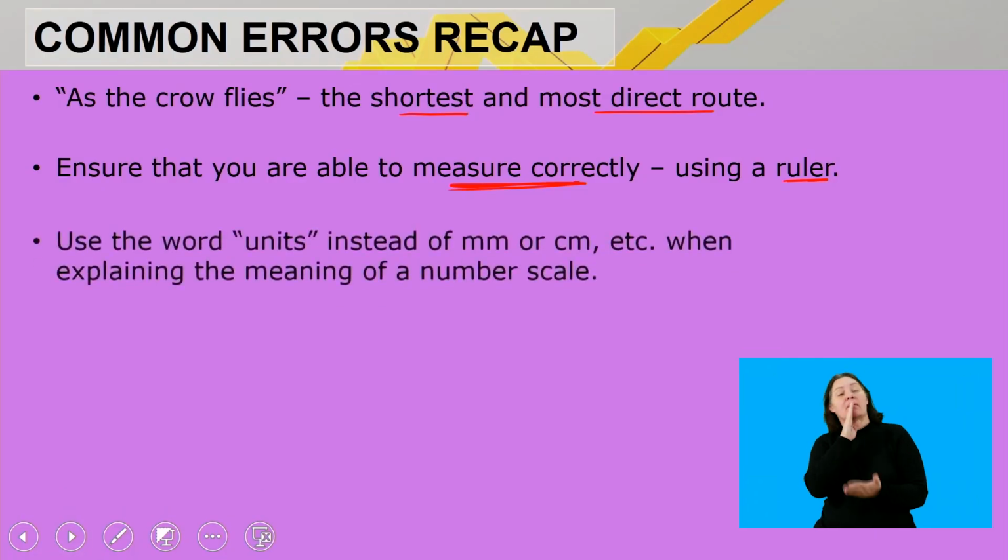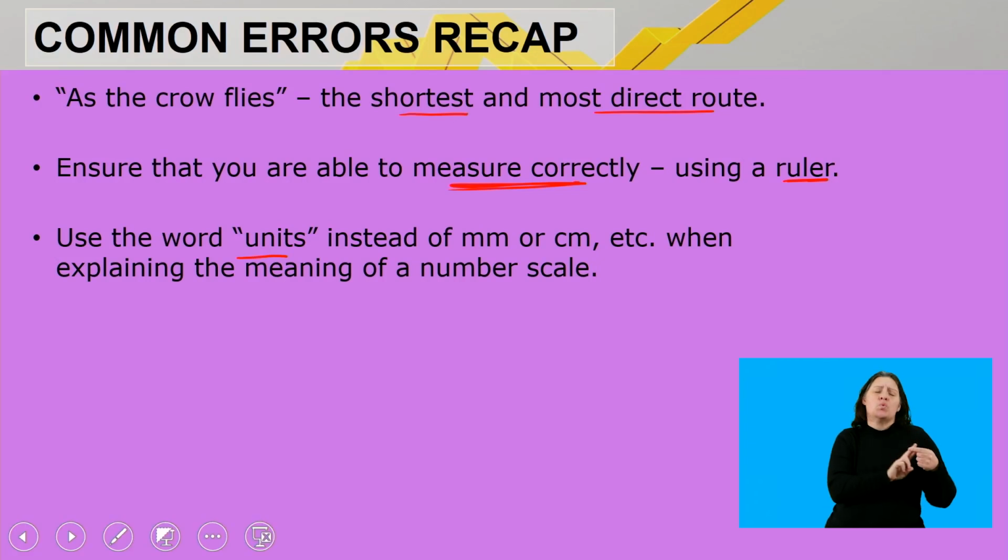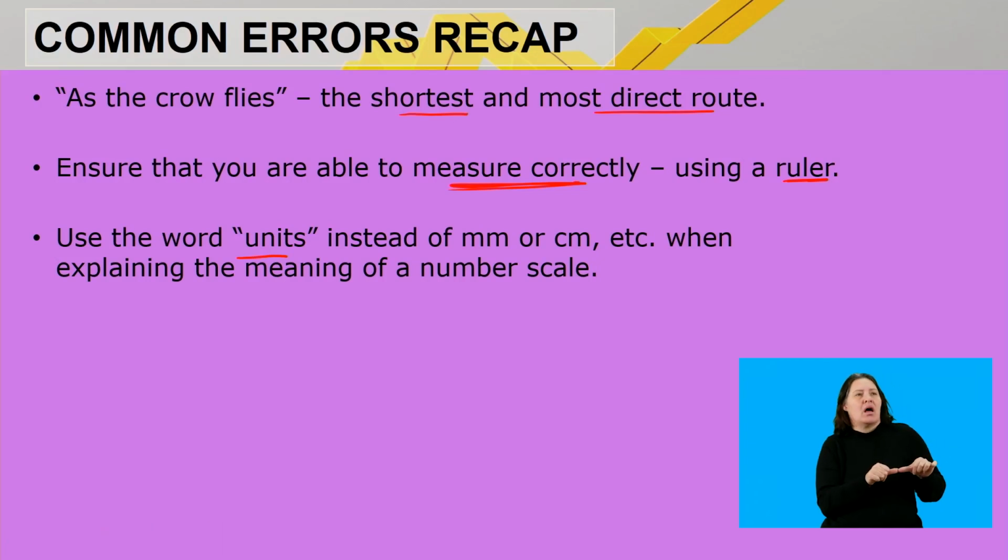Then ensure that you use the word units instead of millimeters or centimeters, etc., when explaining the meaning of a number scale. I've seen in one case where learners measured, for example, on a map, and the answer was something like 100 kilometers. I mean, that's unrealistic. We agree? You can't measure 100 kilometers with a ruler on an A4 paper.